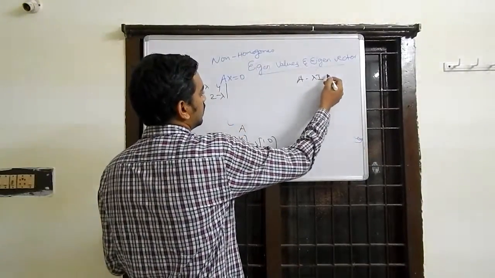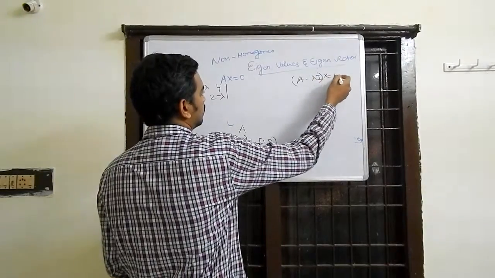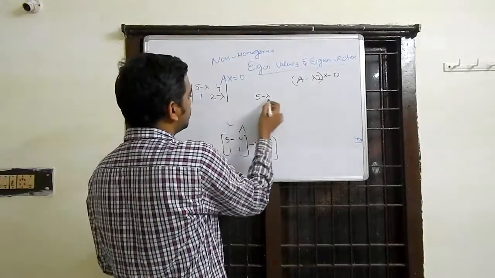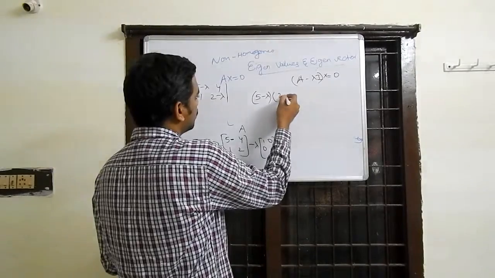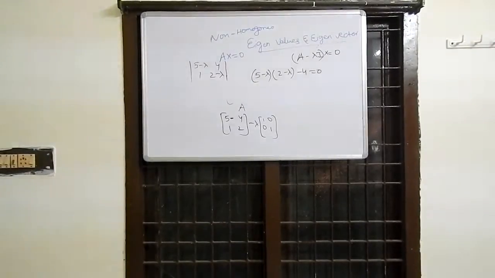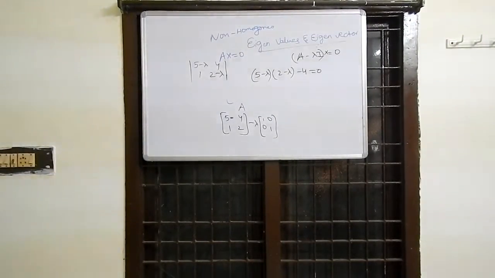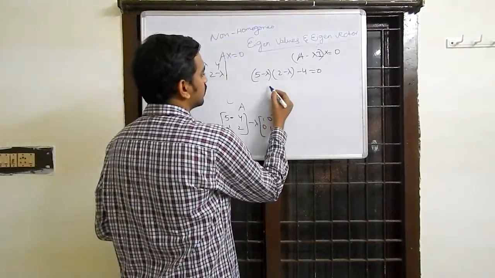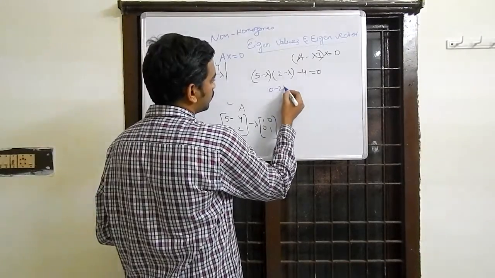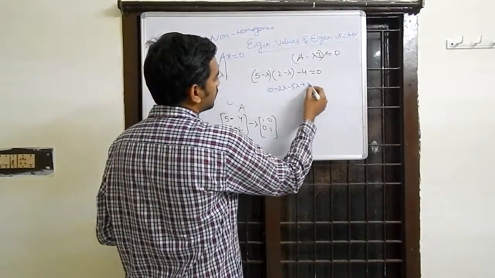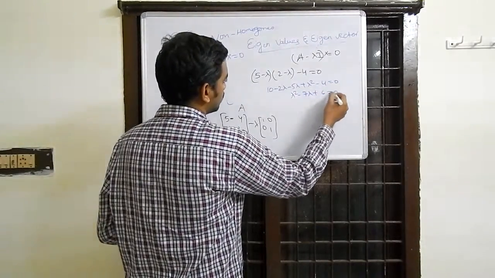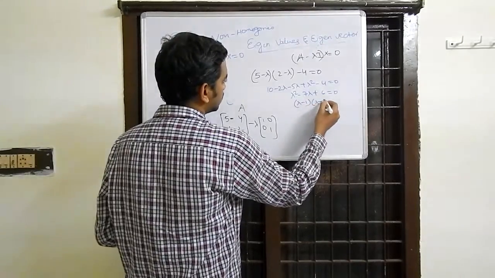The determinant is 5 minus lambda into 2 minus lambda minus 4 is equal to 0. So 5 into 2 is 10, minus 2 lambda minus 5 lambda plus lambda square minus 4 is equal to 0. It is lambda square minus 7 lambda plus 6 is equal to 0. So lambda minus 1 into lambda minus 6 is equal to 0.